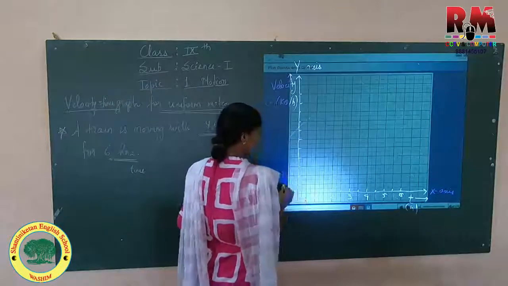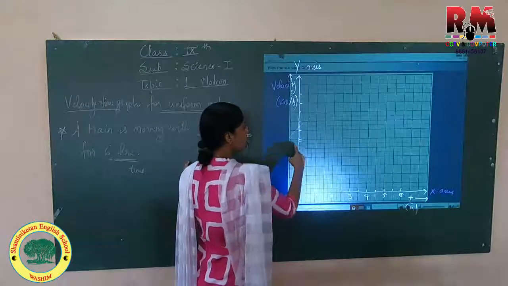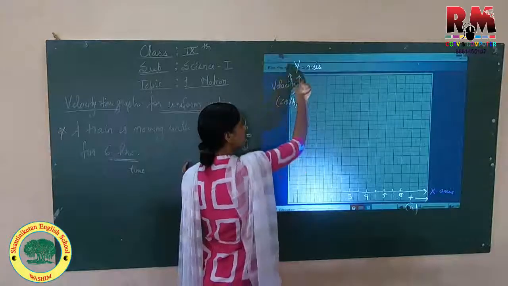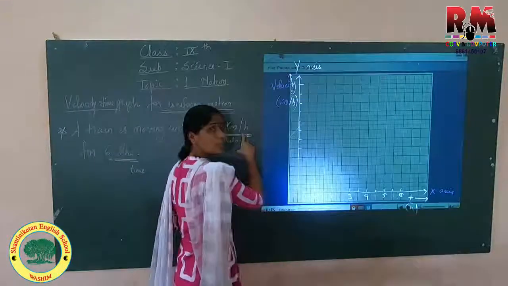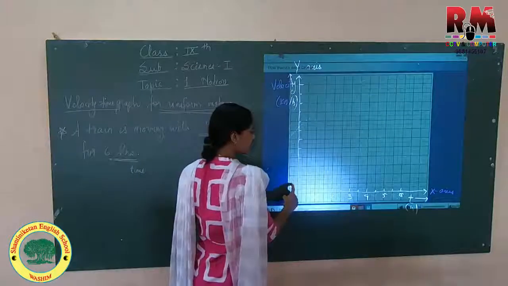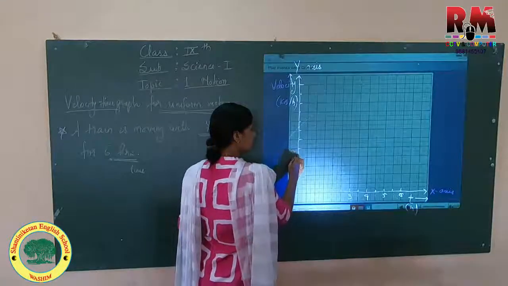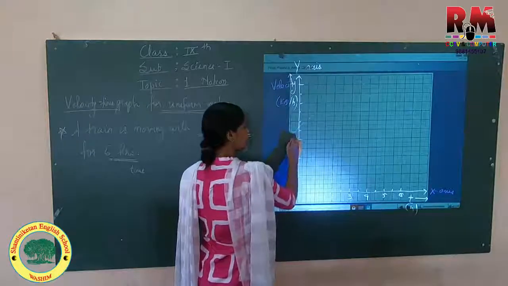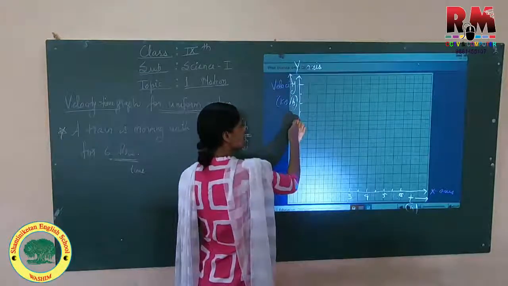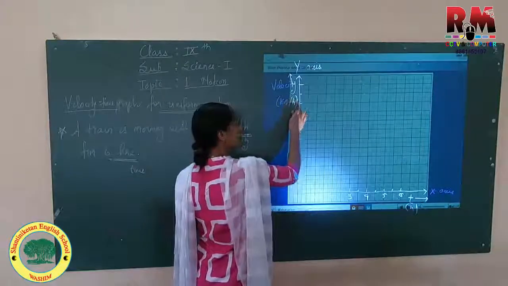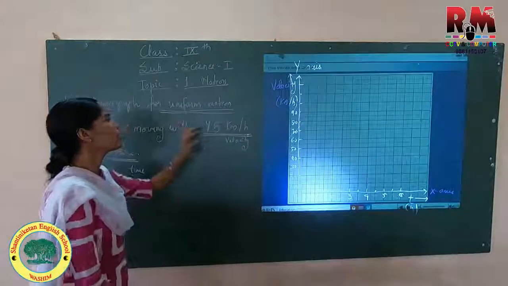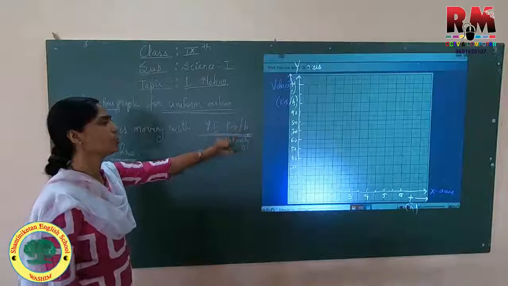I'll take it as 10, 20, 30, 40, 50, but here till 60 only, and we want 75. So you can take 10, 20, 30, 40, 50, 60, 70, 80, 90. We have only one value, 75 kilometer per hour.